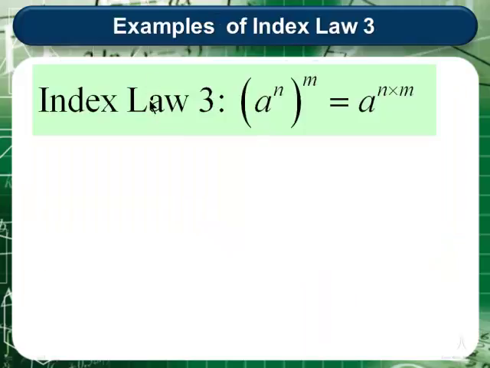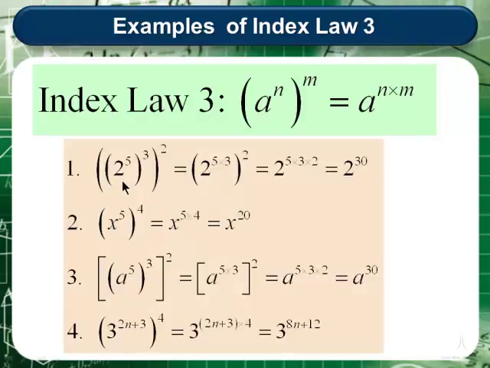Let us look at a few examples where we apply this third index law. In the first example, we apply this index law twice. So 2 to the power 5 is raised to the power 3, and then this result in turn is raised to the power 2. So firstly we get 2 to the power 5 times 3, and then raise this to the power 2, so it's 2 to the power 5 times 3 times 2.